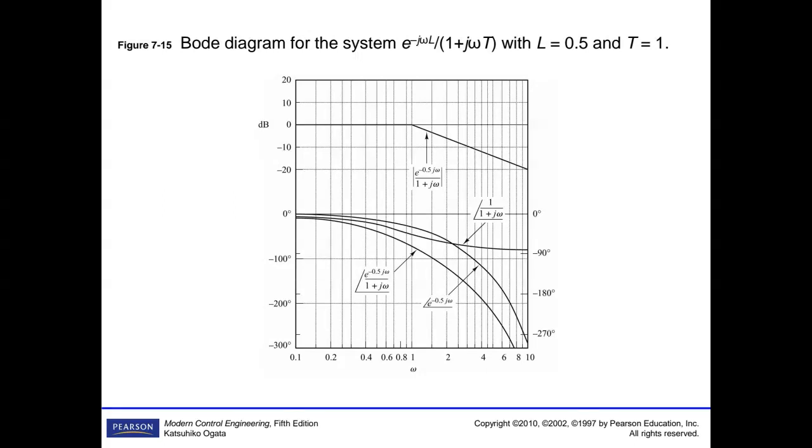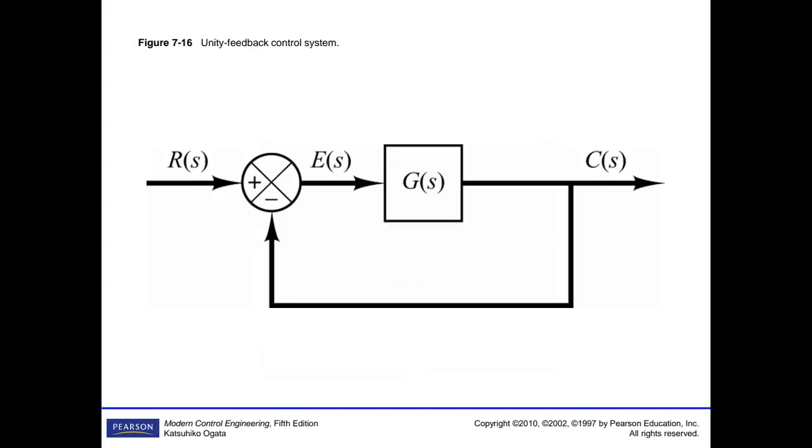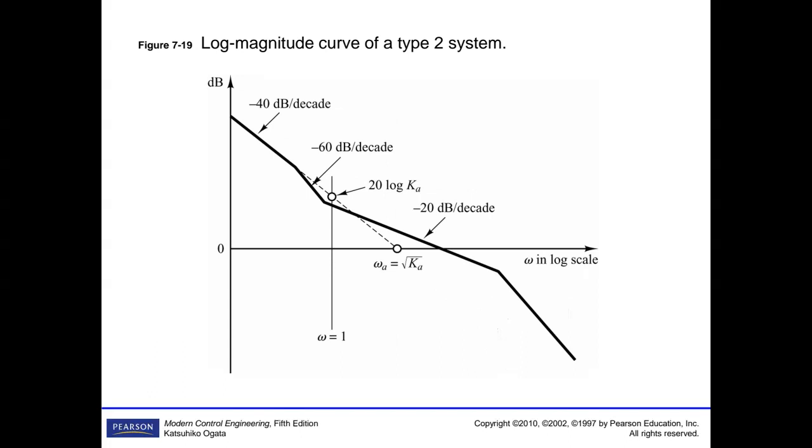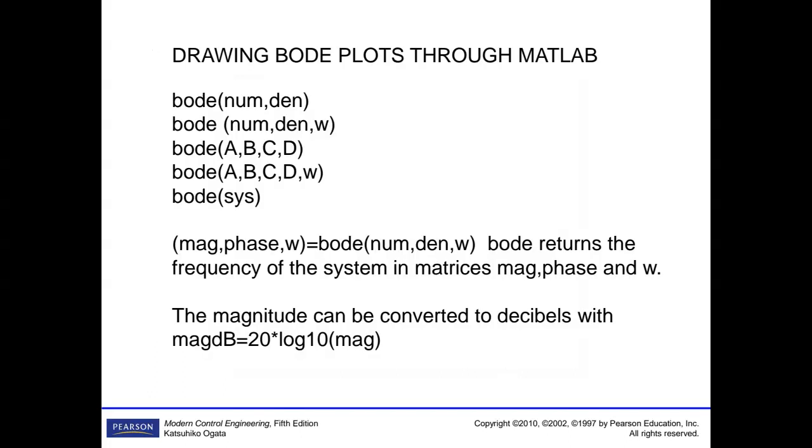Now what do we need? How do I draw a Bode plot? If you know the transfer function, all you have to do is write bode(num, den) or bode(num, den, w).